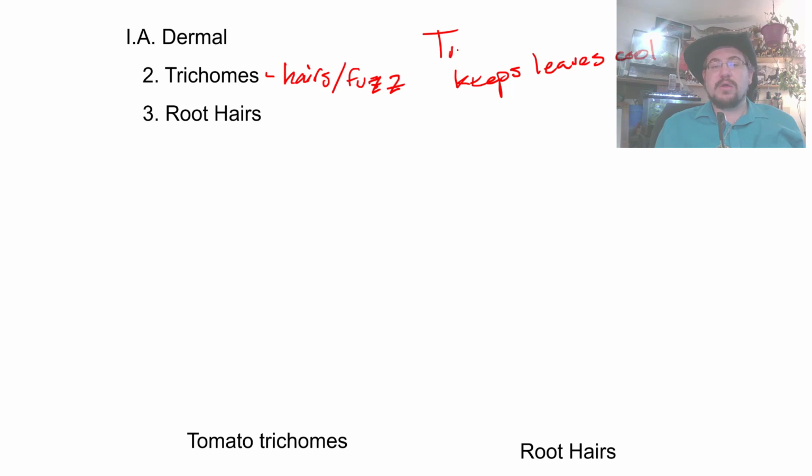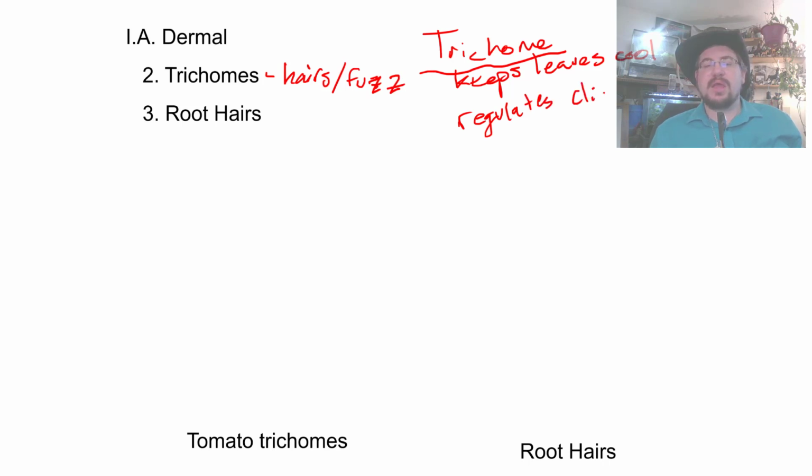So this is the trichome here. You get that fuzzy layer around a leaf, and it actually does not make it warmer. It helps keep those leaves cool, and it regulates the climate on a leaf.